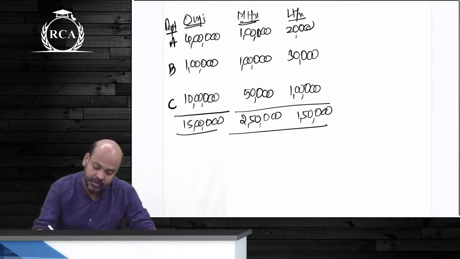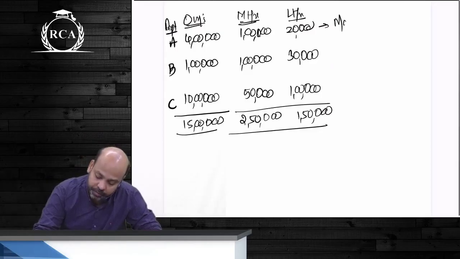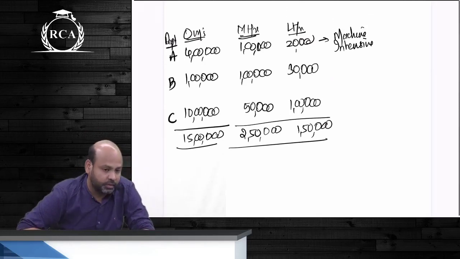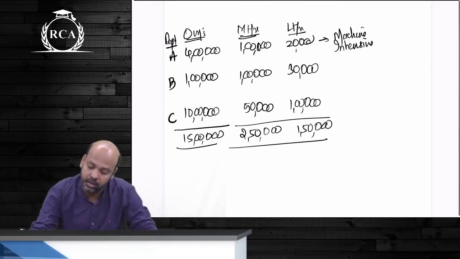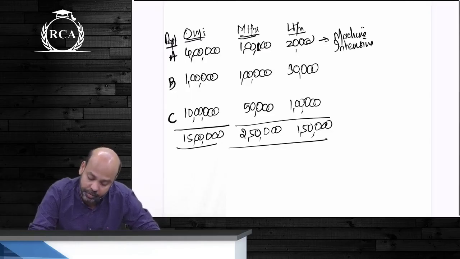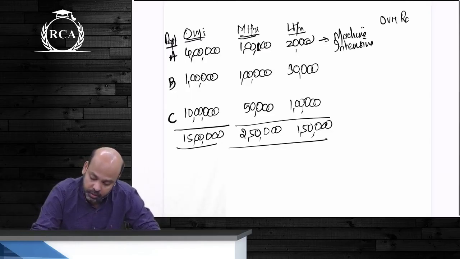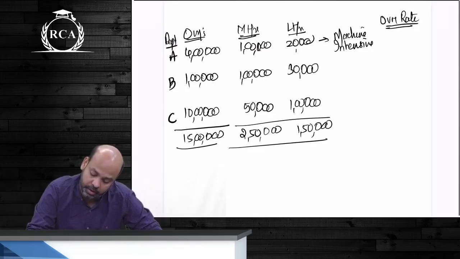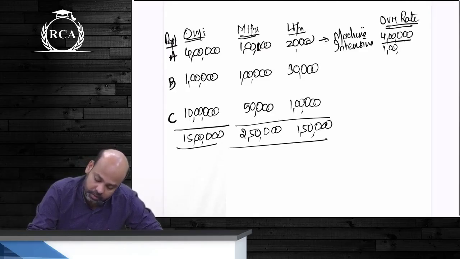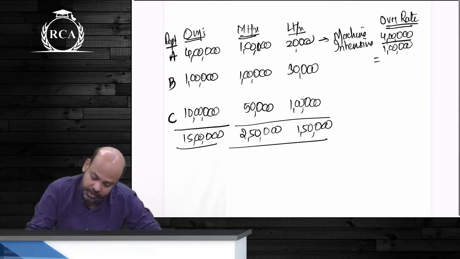First department beta is machine intensive or labor intensive? Machine intensive. So if you are absorbing overheads on the basis of departmental rate. For the first department, guys, what should be your overhead rate? You will write 4 lakhs divided by 1 lakh. How much is that, beta? 4 rupees per machine hour.